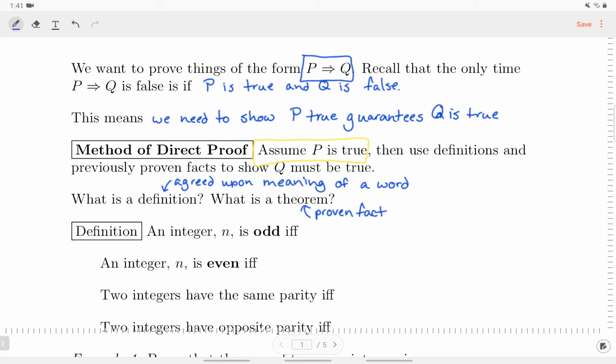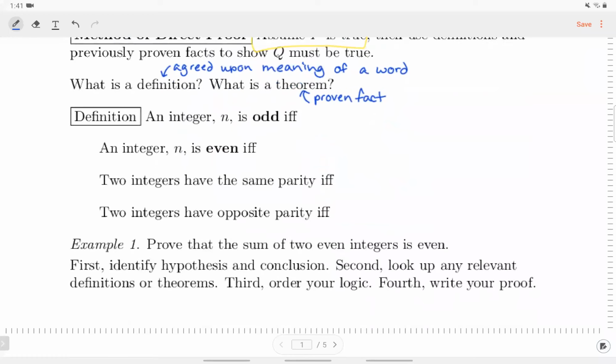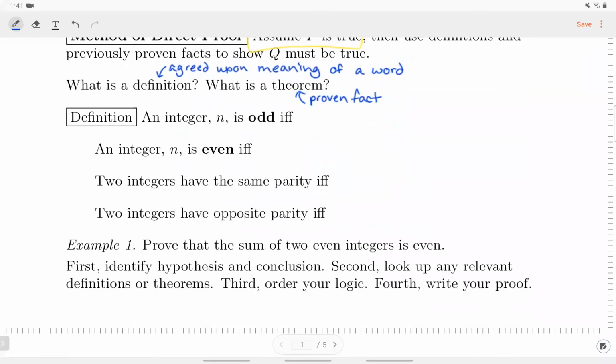So if we're going to use definitions, we'd better get some definitions down that we can agree upon. So let's start with what will end up being probably your favorite of all the definitions. So an integer n is odd. You know what odd means based on elementary school odd, but for math, we need something more rigorous, more definite. So here's how we're going to define it.